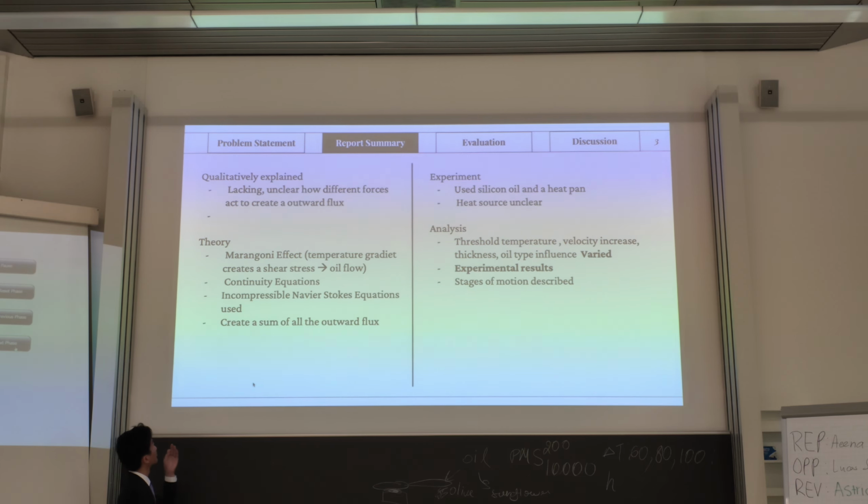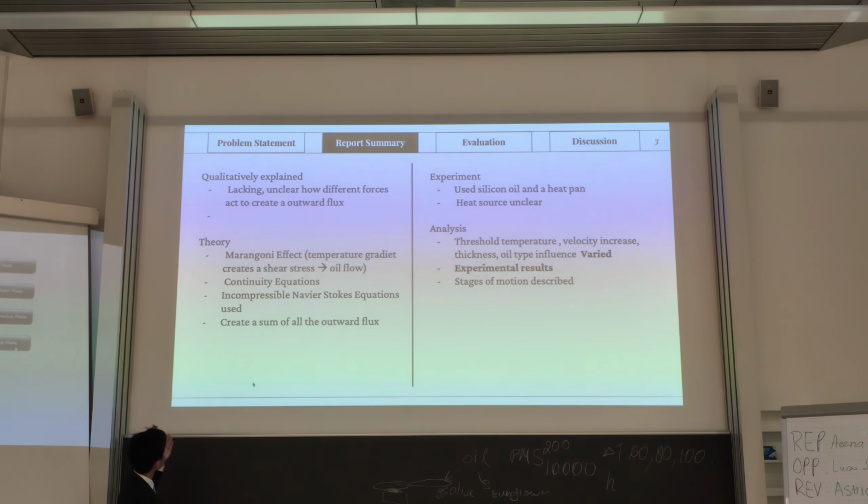So our summary of the report is that they lack a quantitative explanation of how exactly different forces are used to create an outward flux, as for example during the question you faced.